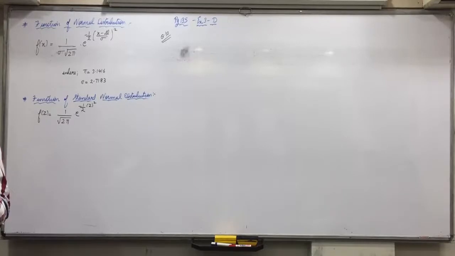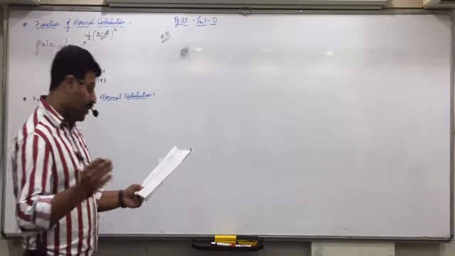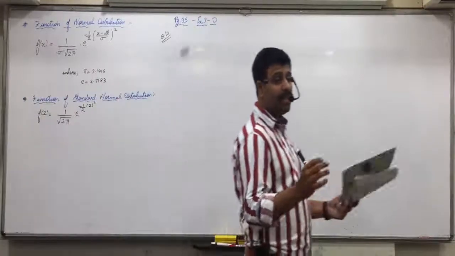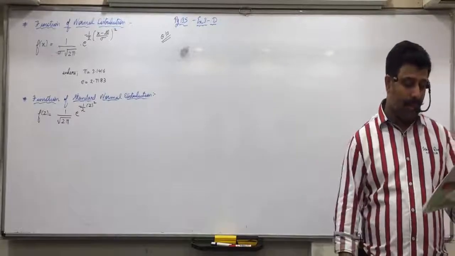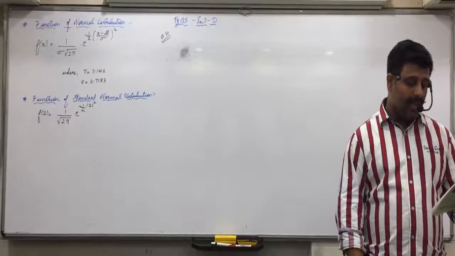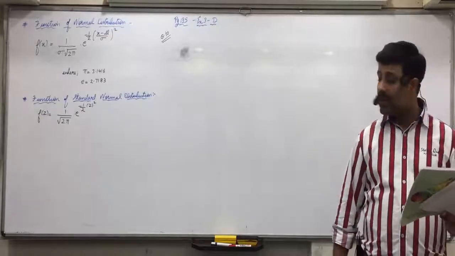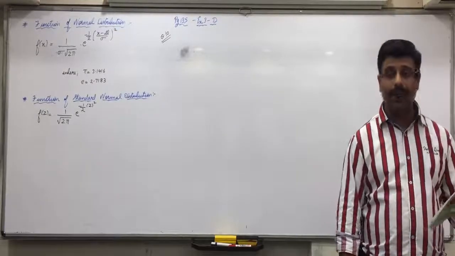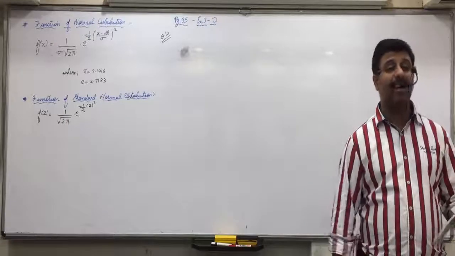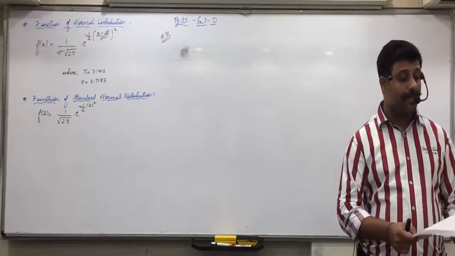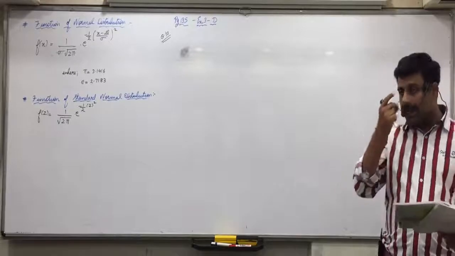So mark it as Z1 and Z2, means for X1 2400, Z1 is coming 1, and for X2 1800, Z2 is coming minus 0.5. The Z scores corresponding to the production of 2400 units and 1800 units are 1 and minus 0.5 respectively. Understood this? Find its mean and standard deviation.